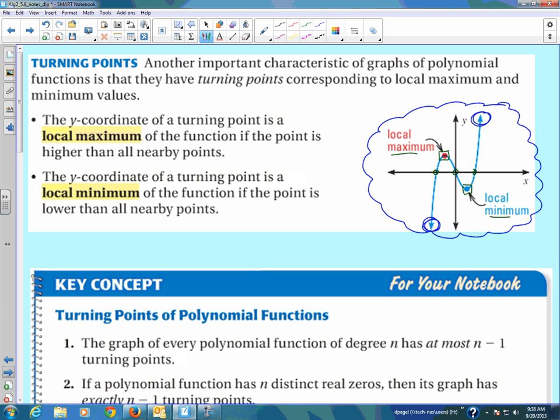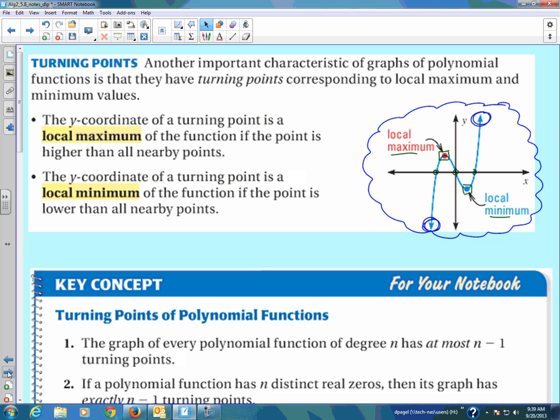Now, you could have a graph that does a lot of these undulations around its x-intercepts. The local maximum will be the highest value of those little undulations, those little hills, if you will. And the local minimum would be the lowest value of those valleys, if we want to call them valleys. All right, and those are what we refer to as our turning points.